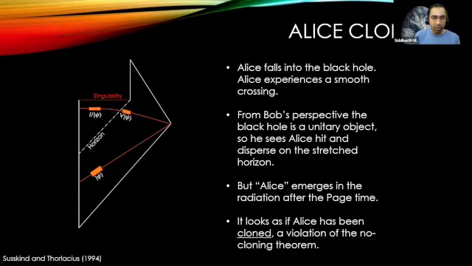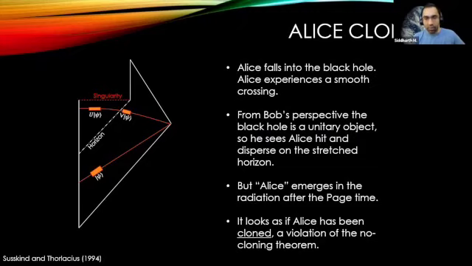So let's consider another thought experiment. This is sometimes called the cloning paradox. Just as in the previous case, Alice is falling into the black hole. She experiences a smooth crossing. And from Bob's perspective, the black hole is a unitary object. So Alice hits and disperses on the stretched horizon.